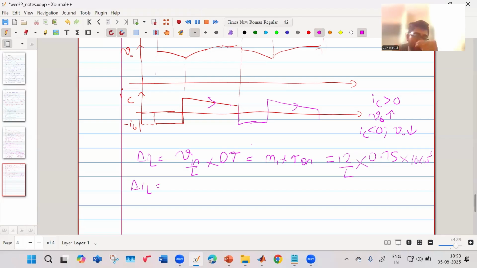What is that? 90. 90 into 10 raised to minus 3. Right? What about others? Did others also get the same value?